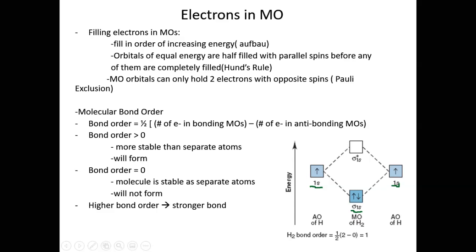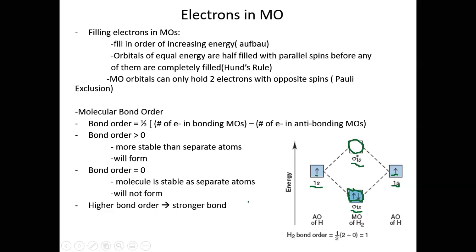Now when we subtract those two atomic wave functions, we get an antibonding orbital, which is higher in energy. And so for H2, which has one 1s electron on each atom, we fill the lowest energy level first, which means there are 2 electrons in the sigma 1s orbital and 0 electrons in the sigma star 1s orbital. So the bond order is 1/2 times 2 minus 0, which gives us 1.